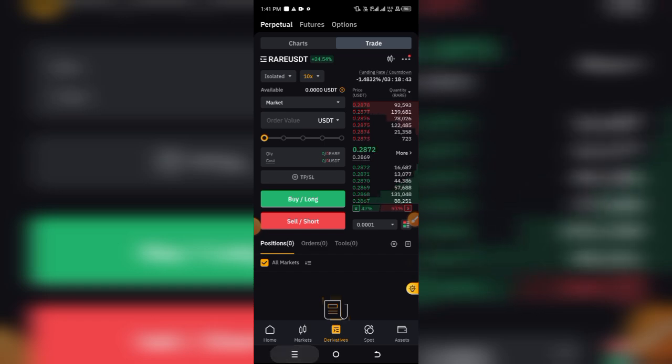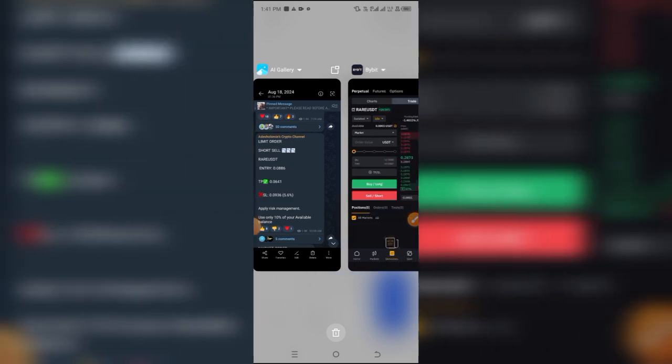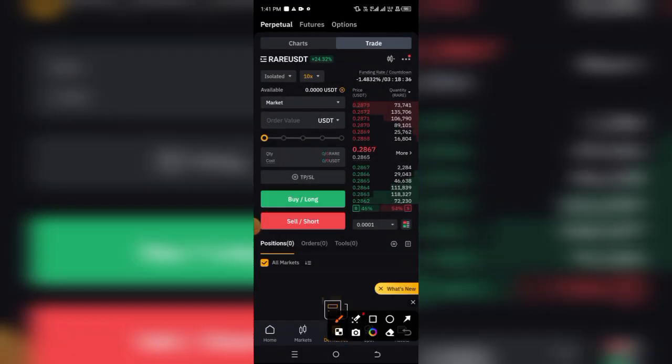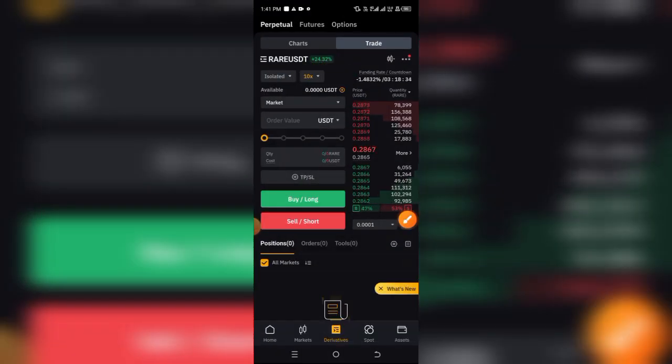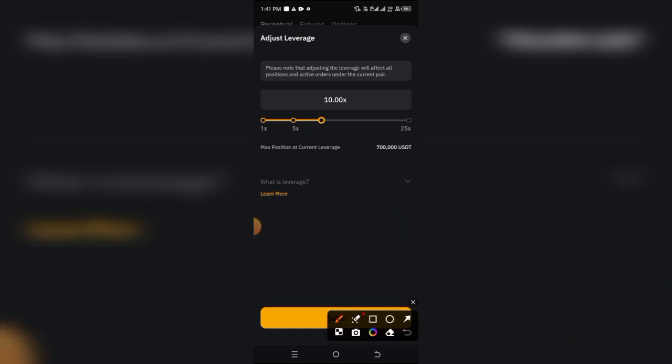So with that said, the next thing you want to do, let me see if she included it right here, okay, is to simply set your leverage, right? This place you see leverage is what they call leverage. Basically, you are indirectly borrowing money from Bybit. I'm going to explain it in such a way that, for instance, you have only 10 USD.